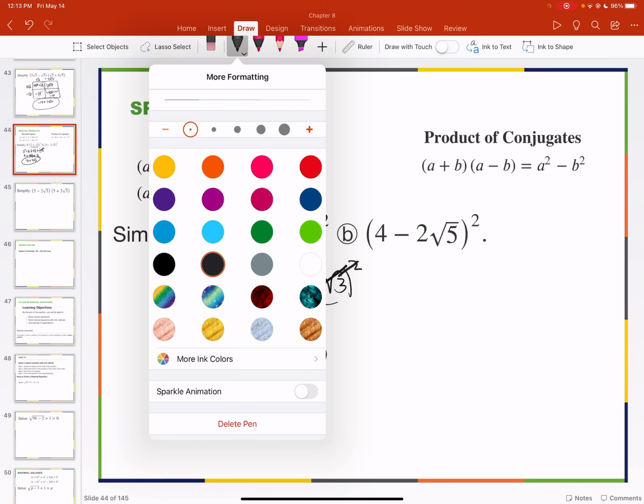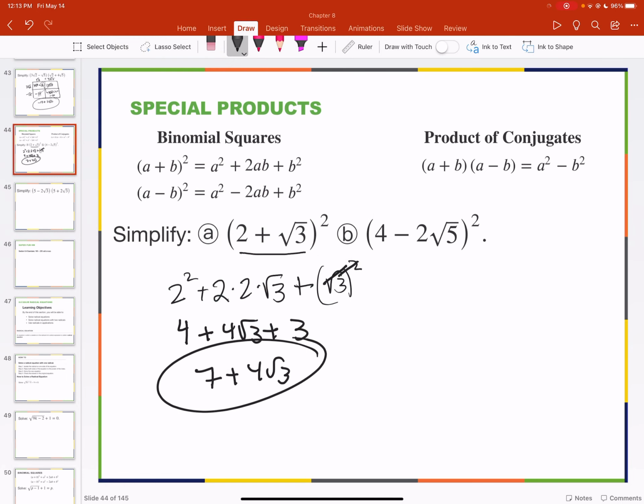Okay, next we have here the binomial. It's a perfect square trinomial. It's going to be 4 squared minus 2 times 4 times 2 root 5 plus 2 root 5 squared.